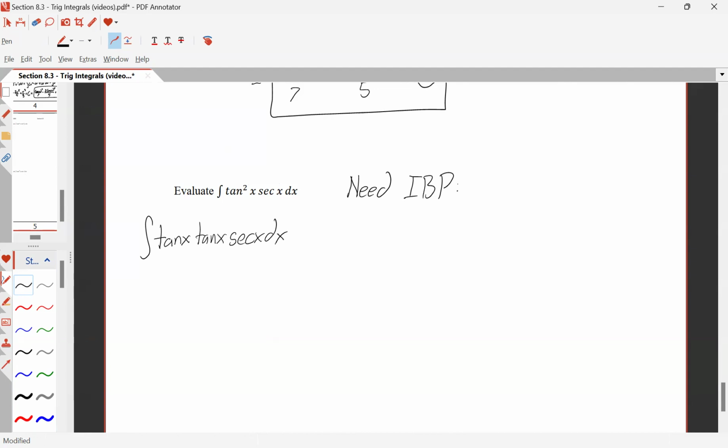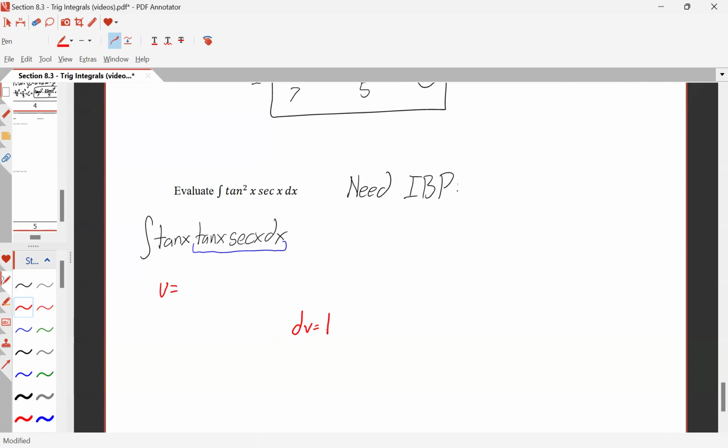Typically, the question is asked, what is really easy to take the derivative of and would become simpler when we take the derivative? However, in this case, since it's all trig, the better thing to ask is, what is something I know the integral of? And something I do know how to integrate is tangent x secant x. So when we set up the u substitution, where u is going to equal something and dv is going to equal something, dv needs to be the thing we know how to integrate.